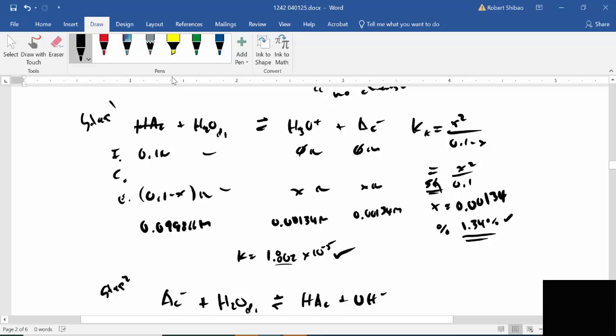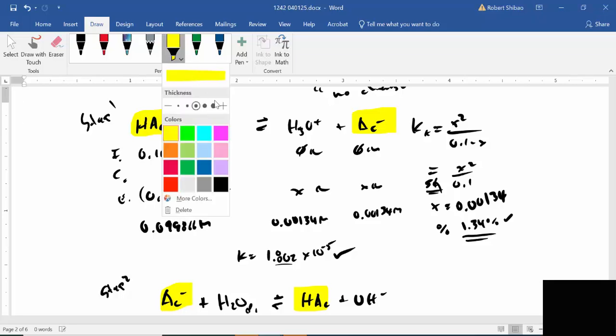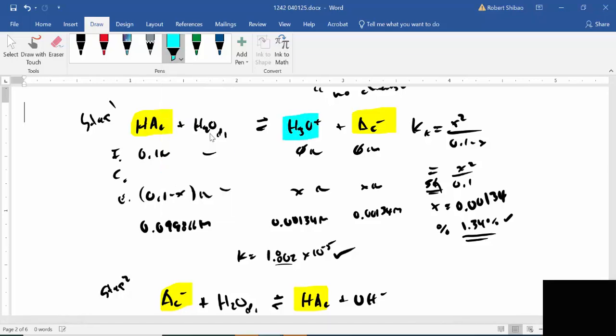This is the equilibrium between HAc and acetate. Ac minus and HAc equilibrium. So both of these show the equilibrium between the same species. The only difference is one describes it in terms of pH, the other describes it in terms of pOH. And pH and pOH are tied together.